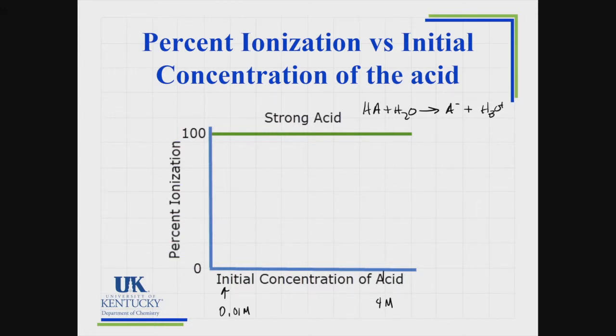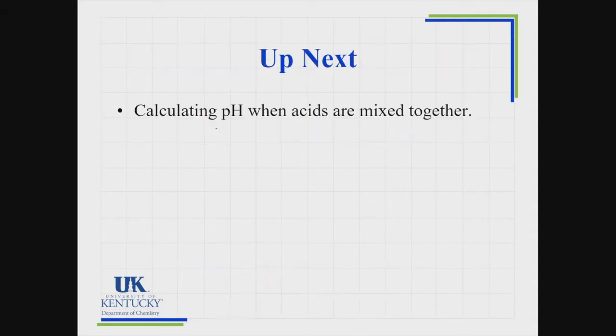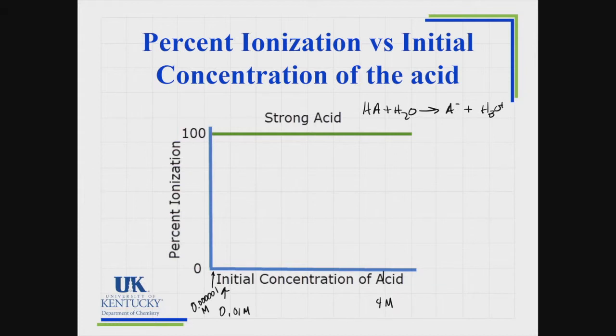But weak acids are not that way. Weak acids drop off pretty rapidly. If I put in a smidgen, let's say just a 0.00001 molar solution of a weak acid, it would be up here in the almost 100% range, and then it drops off very rapidly and then slowly decreases, okay?